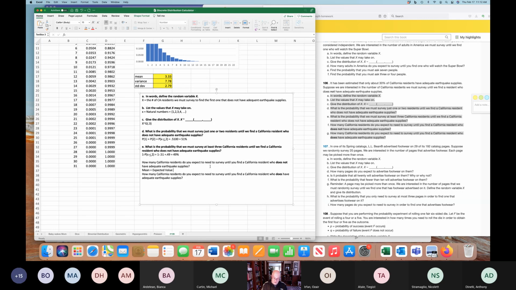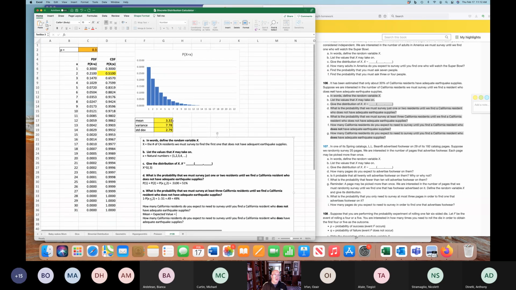What's the mean of this distribution? 3.33. And can you really have a decimal place as a person? No, it means between 3 and 4, closer to 3. That's F, but I round to have the exact number.